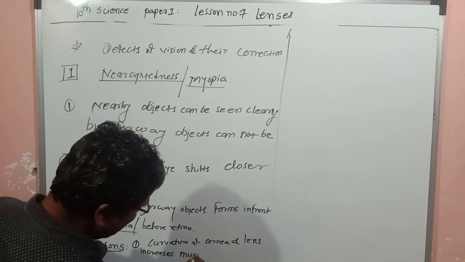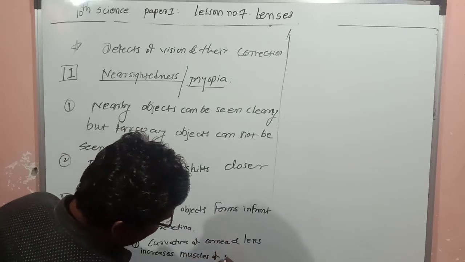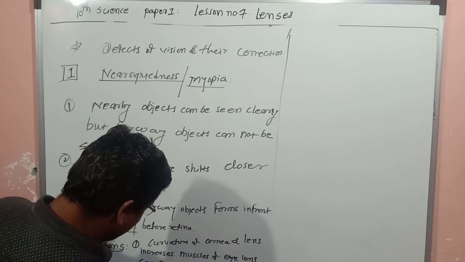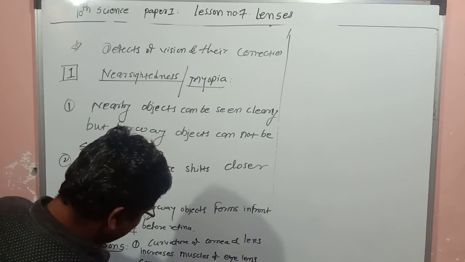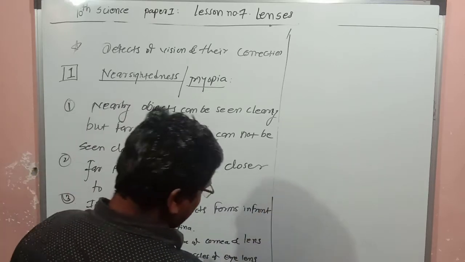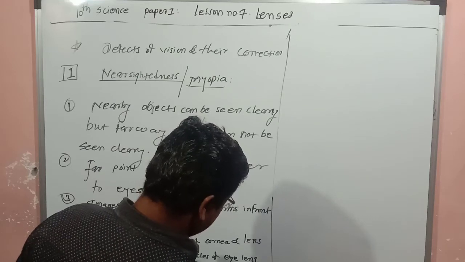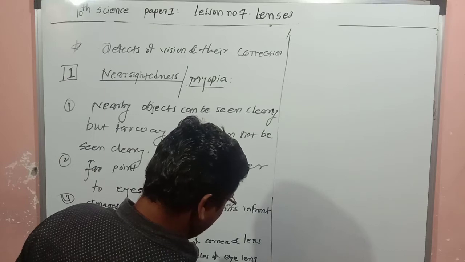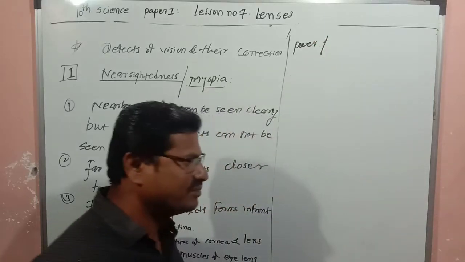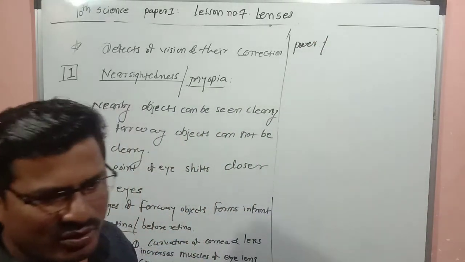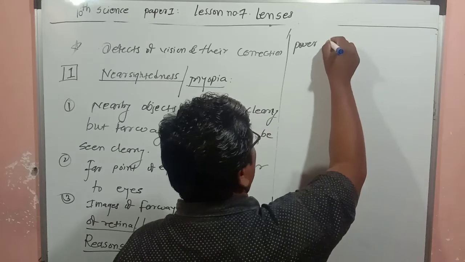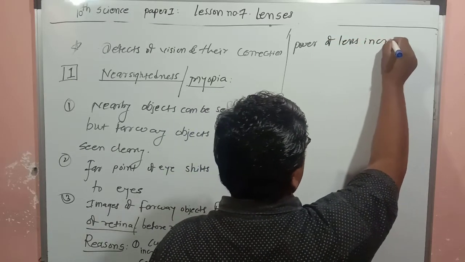Muscles of the eye lens cannot get relaxed, so the converging power of the lens increases.